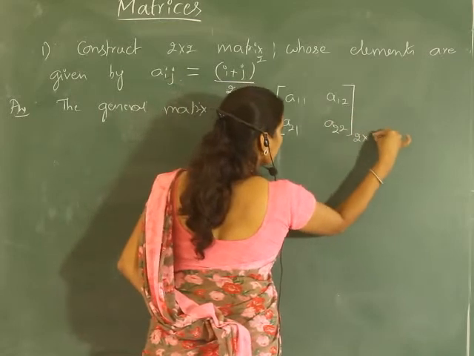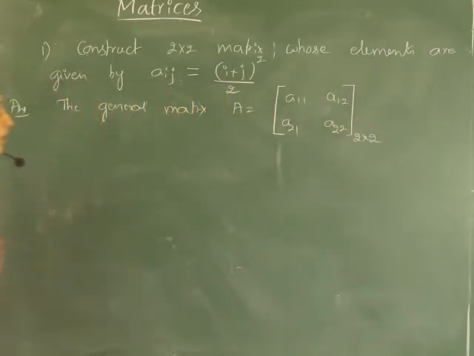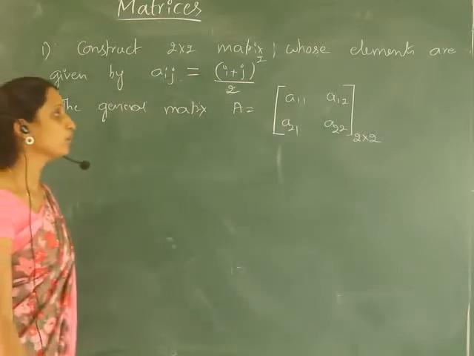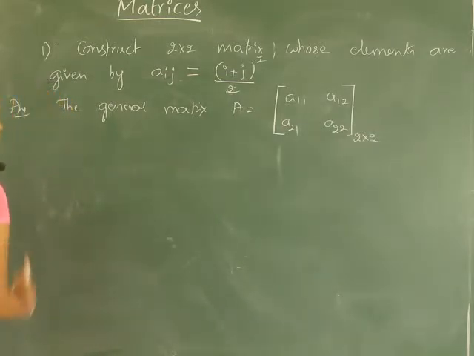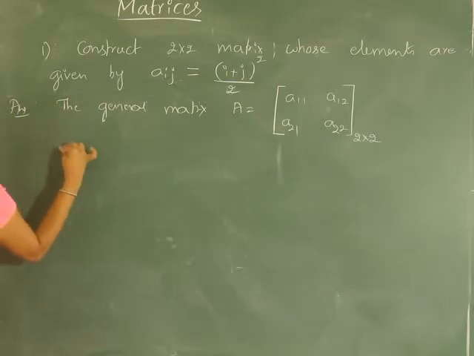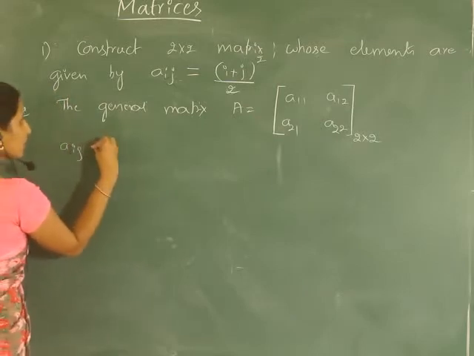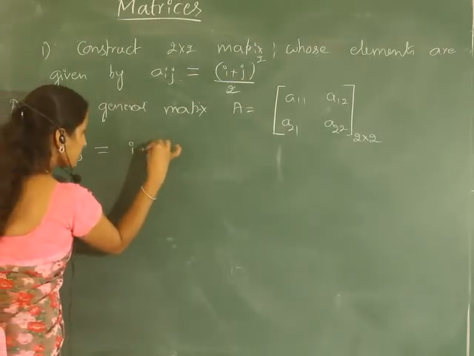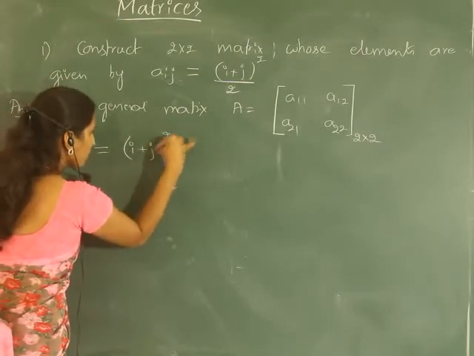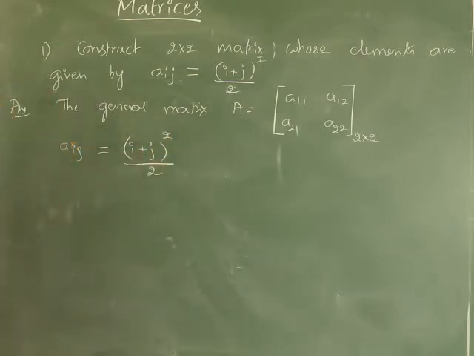So this is of order 2 by 2. Next we have to calculate the elements A11, A12, A21 and A22. Aij is equal to (i plus j) whole square divided by 2. So we have to calculate all the values.